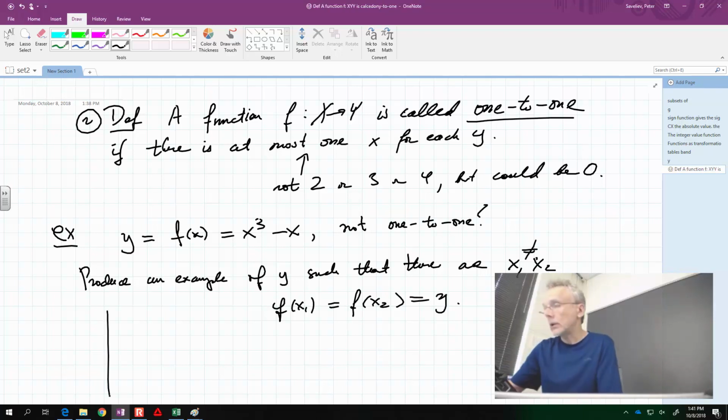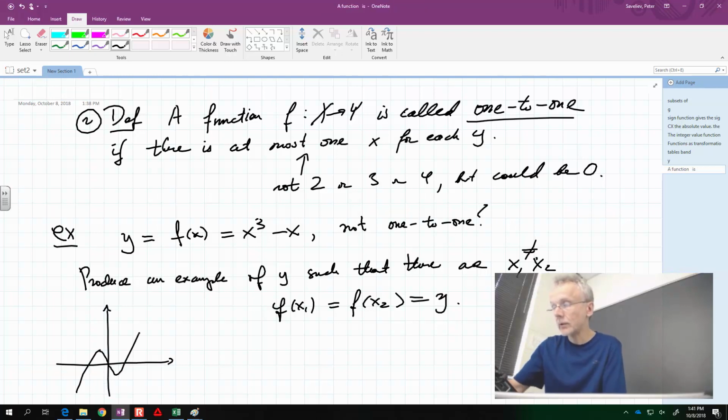Looking at the graph I just showed you, it's pretty much like this, with a flip in the middle. And the simplest example to pick is simply these. What are those?